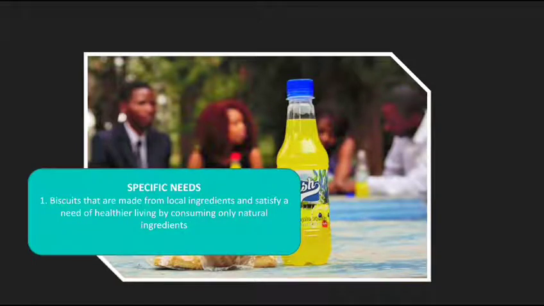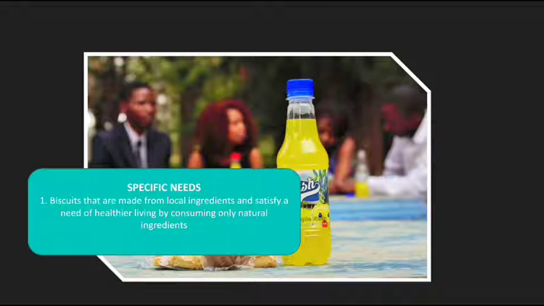But then the specific need when it comes to the biscuits, you see, someone might need biscuits that are made from local ingredients and that satisfy a need of healthier living by consuming only natural ingredients. So the basic need is that someone just needs a snack, but then the specific need is that they need something that is made using local ingredients.